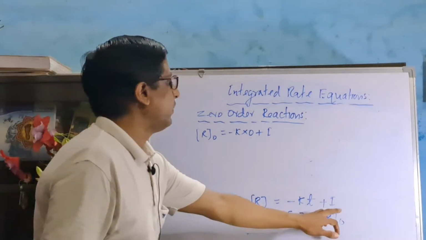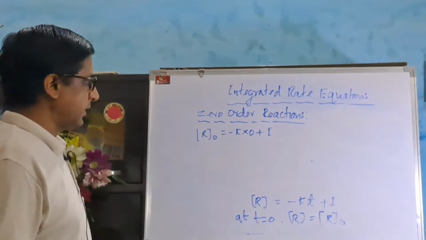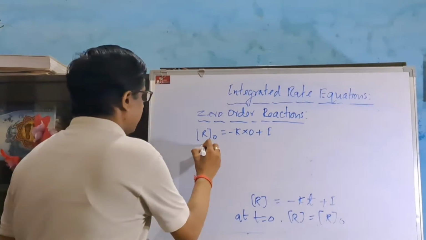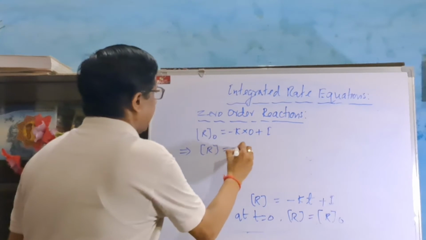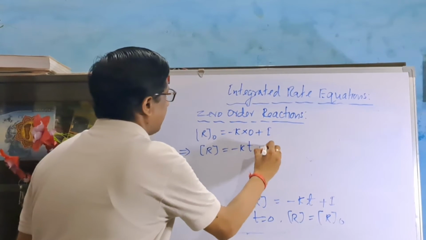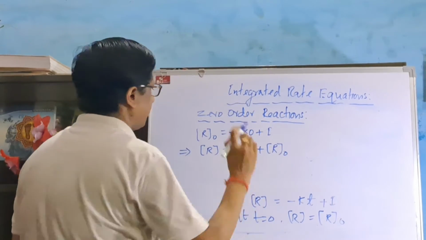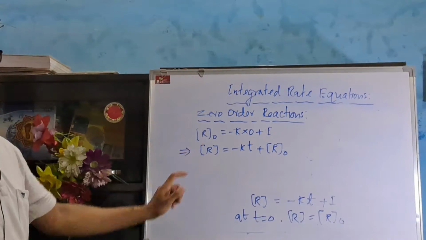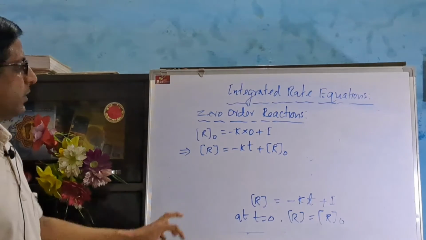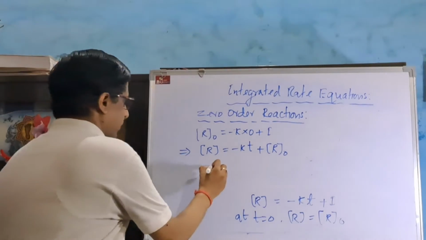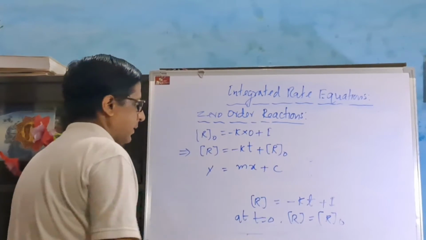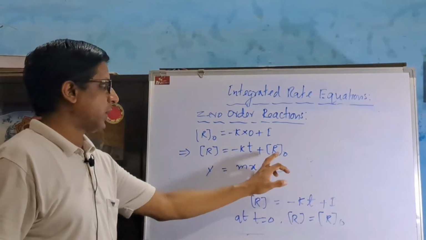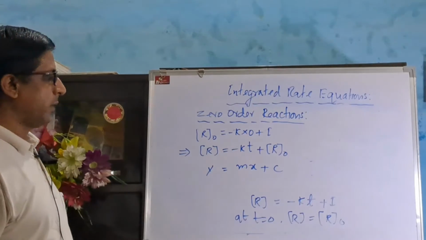Now put the value of I into this equation. We have R is equal to minus kt plus R0. This equation can be compared with the equation of a straight line, y is equal to mx plus c. Here the intercept is equal to R0 and the slope is equal to minus k.